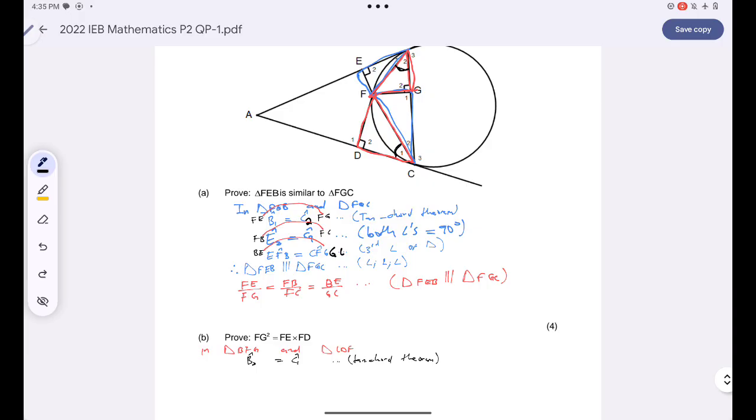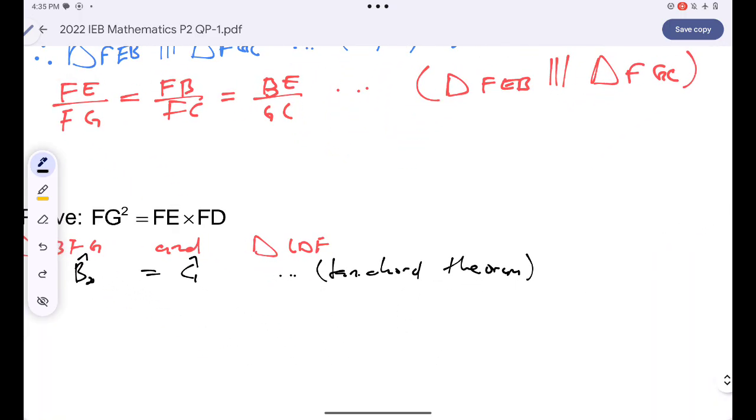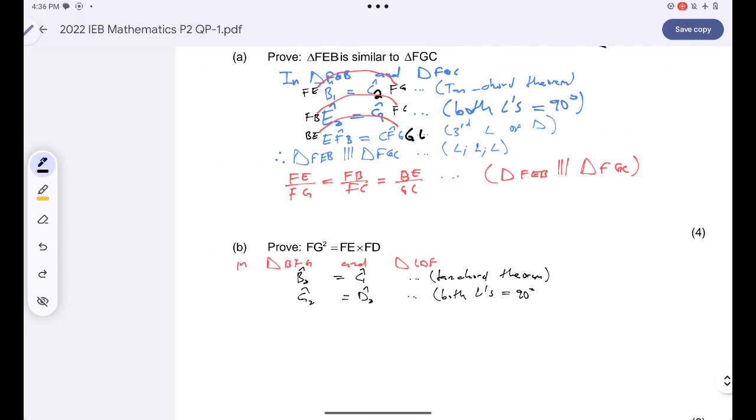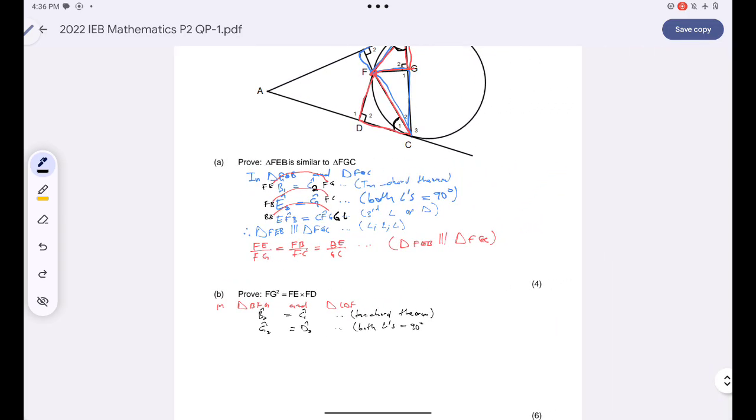And then we have angle G2 being equal to angle D2. Both of these angles are equal to 90. This was given to us. And then we'll have the third angle of a triangle.